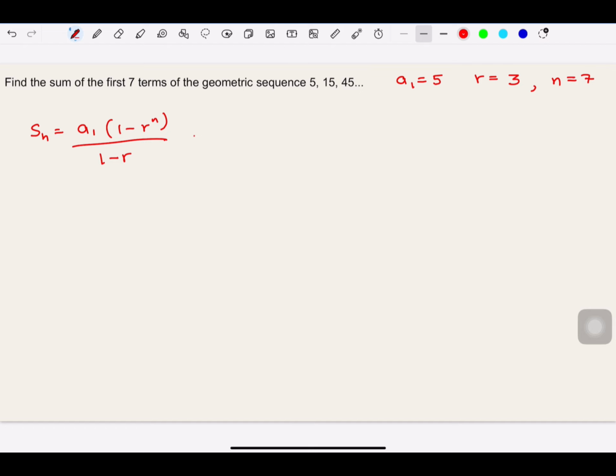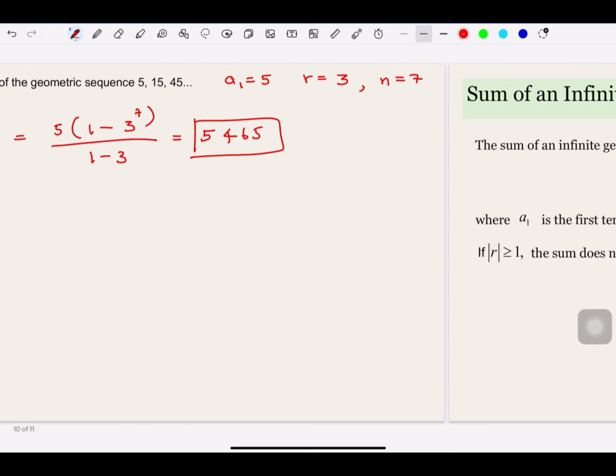The first term is 5, so 1 minus 3 to the power 7, over 1 minus 3. If you use your calculator, this equals 5465. So this is the sum of the first 7 terms.